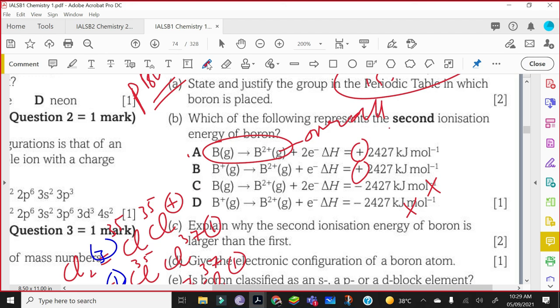Overall means first plus second. Okay, and part B is giving you one electron, any plus one charge is there, it's moving to 2 plus, gaseous states are mentioned there, the electron loss is also mentioned here, and it's an endothermic process also. So this is option B, right?